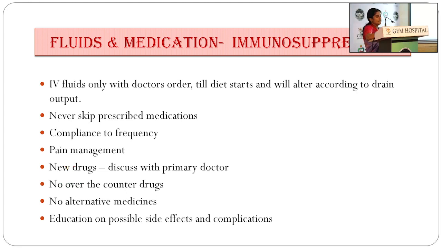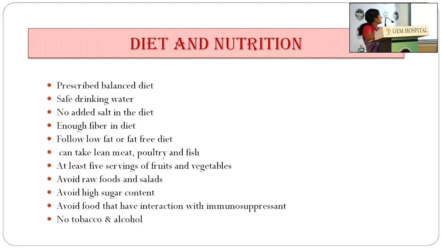Then no over the counter medications, no alternative medication should be given. Education on possible side effects and complications is very important, so that the patient can identify any signs of complications, and they will report immediately to the hospital.